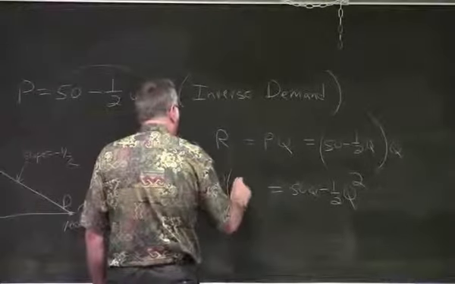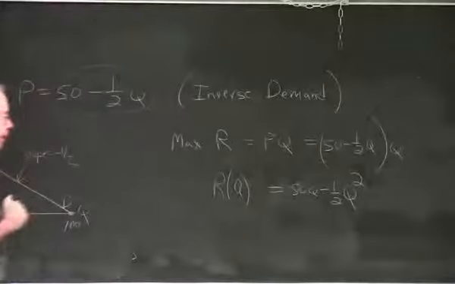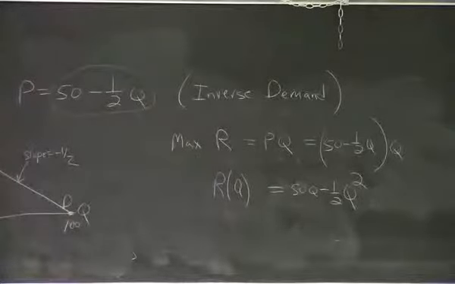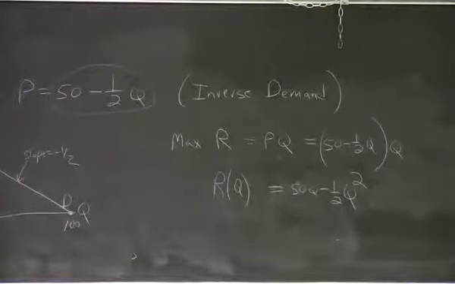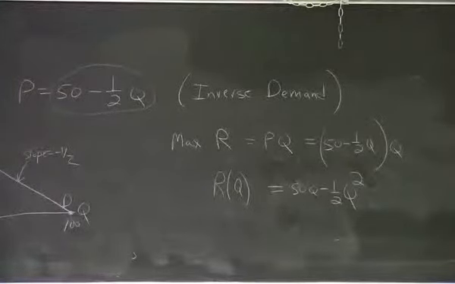R of Q is given by this equation. In many word problems, this is the most difficult thing: to figure out what your objective function is. What is the thing you're either trying to maximize or minimize? Once you've got that, the rest is mechanics.